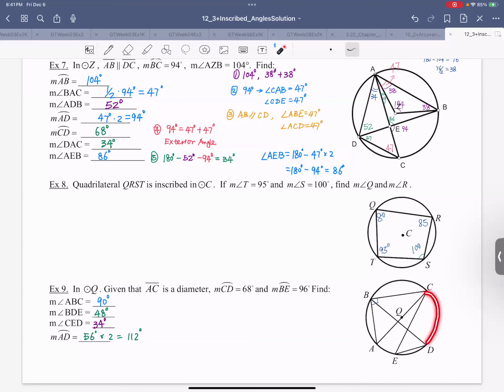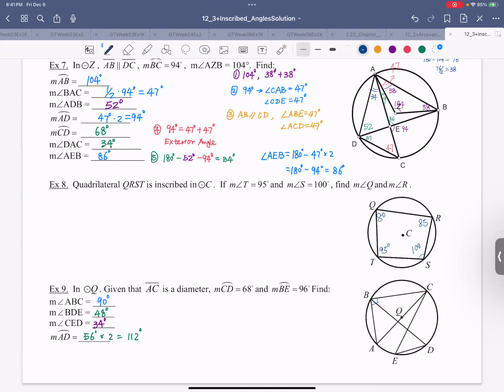This is 68. This center angle is 68. So this arc corresponding to that inscribed angle, how much? This is 68. This is a half. So how much? 34.